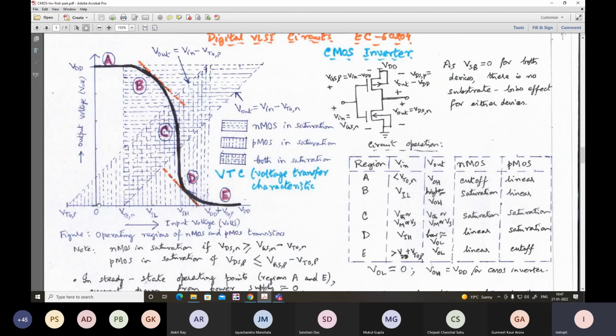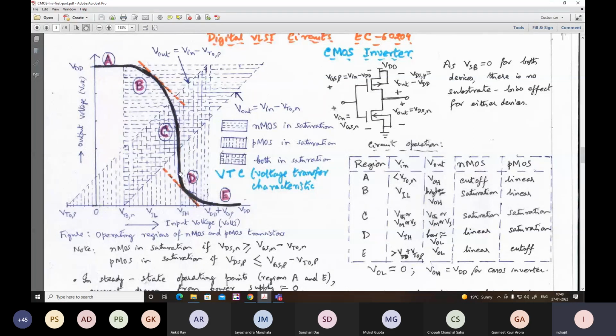If you draw a straight line intersecting the origin, it will pass through region C, and at the point where it intersects the VTC, input and output voltage are equal, and this will be the inverter threshold switching voltage, which we write as VM or VS. In your book, you may find it written as VTH, but just to minimize the confusion with the technology threshold voltages VTON and VTOP, we can write it as VM or VS. And both the transistors are in saturation.